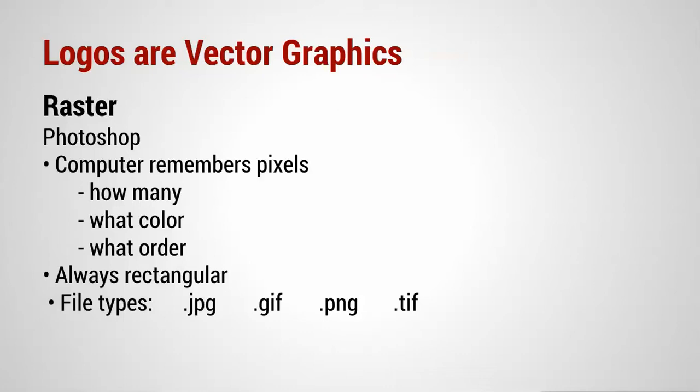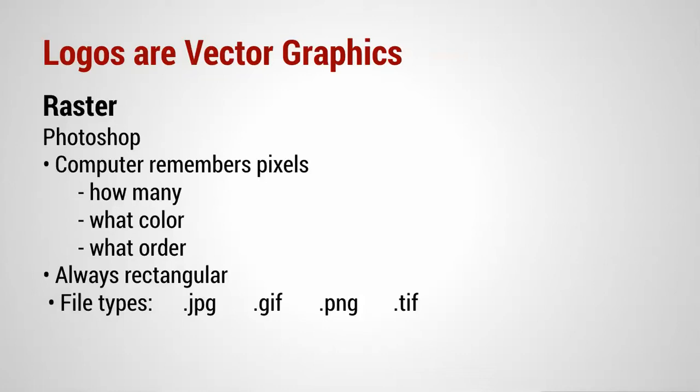So when you open a photo from your phone or something in Photoshop and you save it, when you press save, the computer jots down information about how many pixels make up this image, what color they are, and what order they're in. Now, pixels are squares. They're the smallest little dot of color that your screen can possibly show.